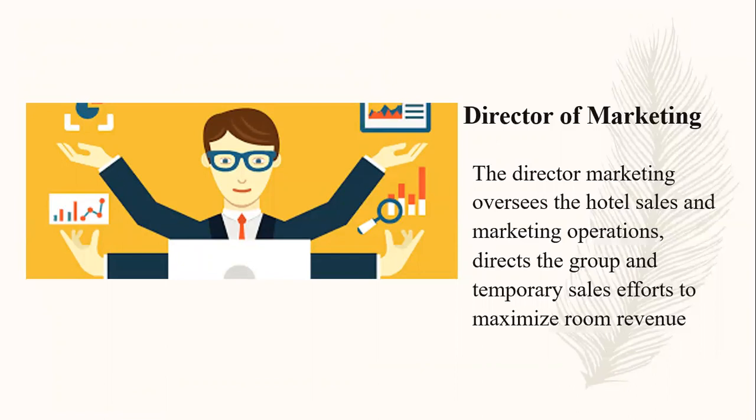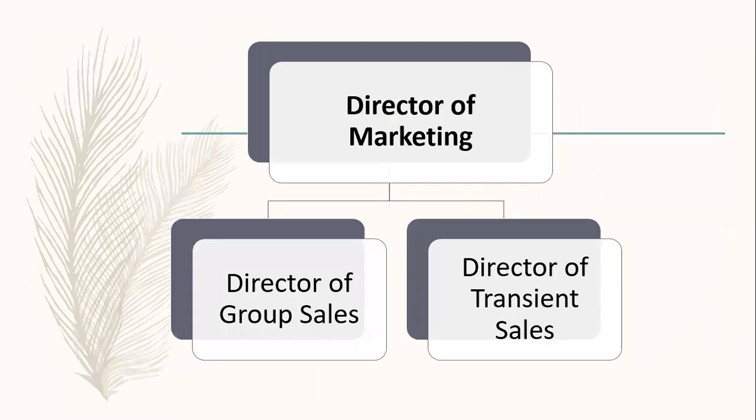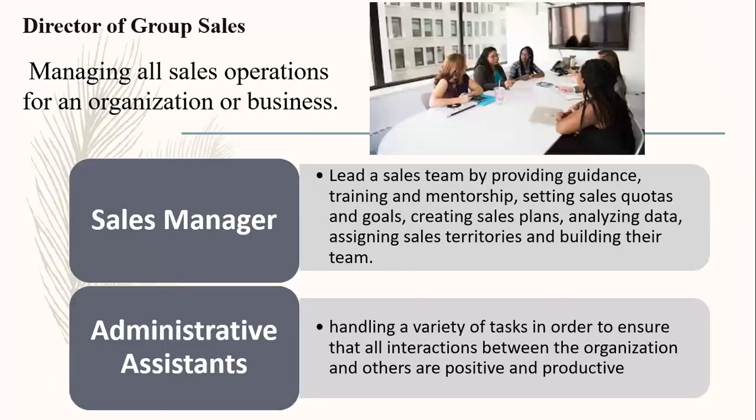There are staff under the director of marketing. The first one is director of group sales, and the second one is director of transient sales. Okay, director of group sales is managing all sales operations for an organization or business.